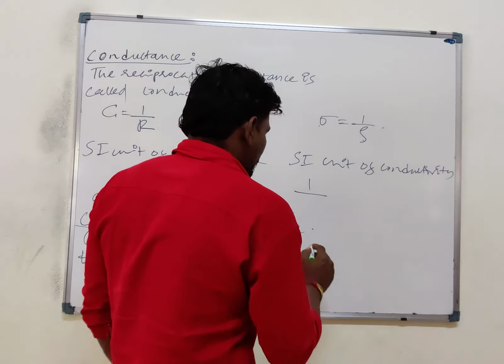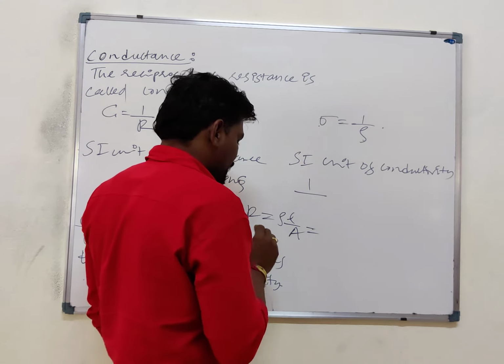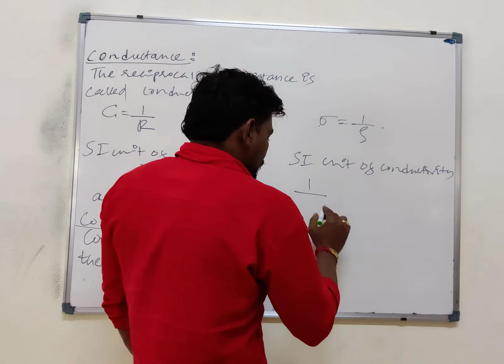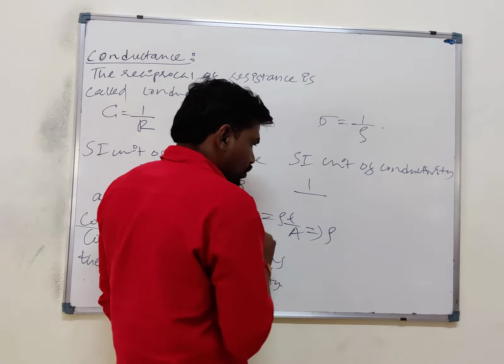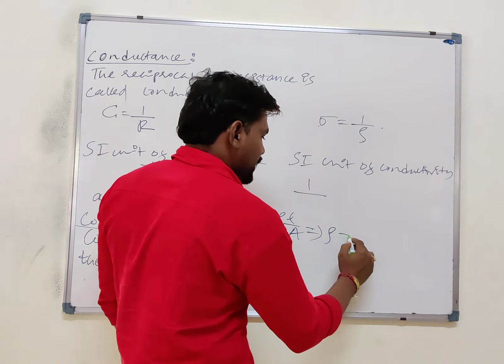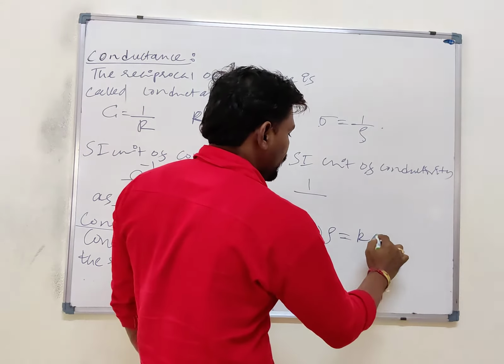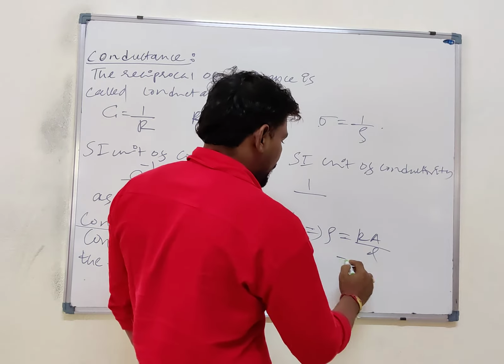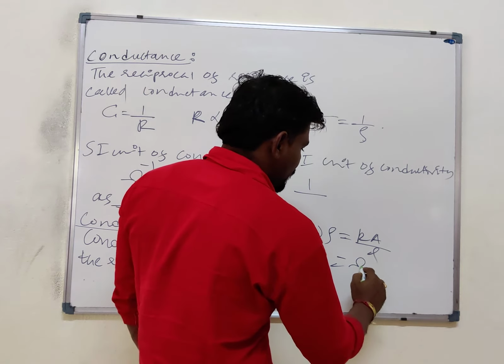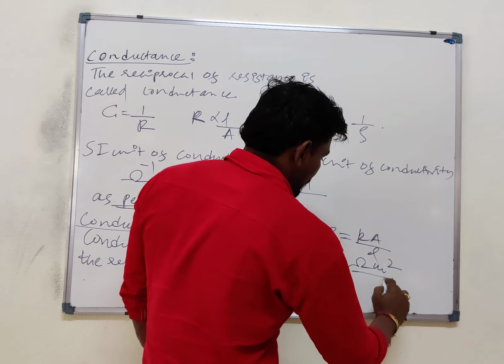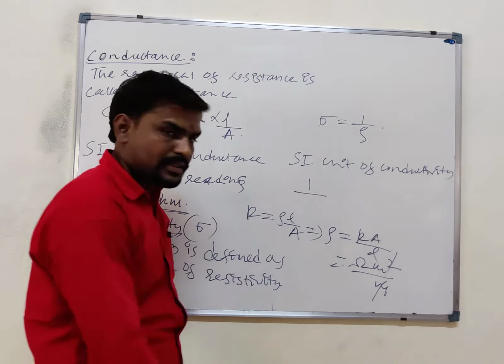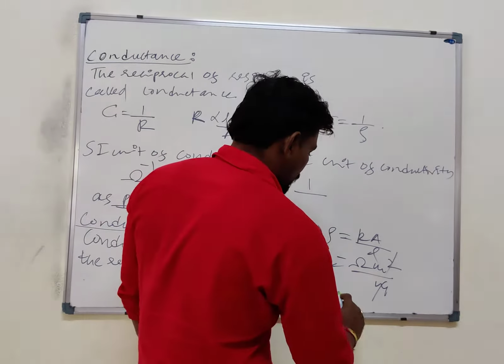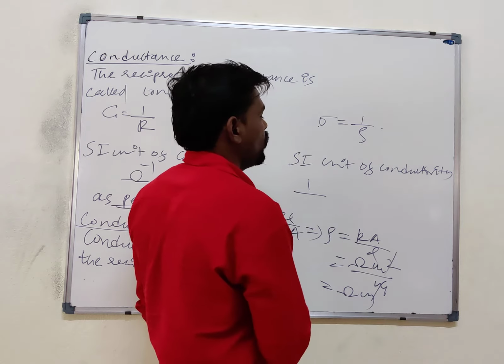We want rho, so rho is equal to RA divided by L. R is in ohm, A is in meter square, L is in meter, so one meter cancels. The unit is ohm meter.